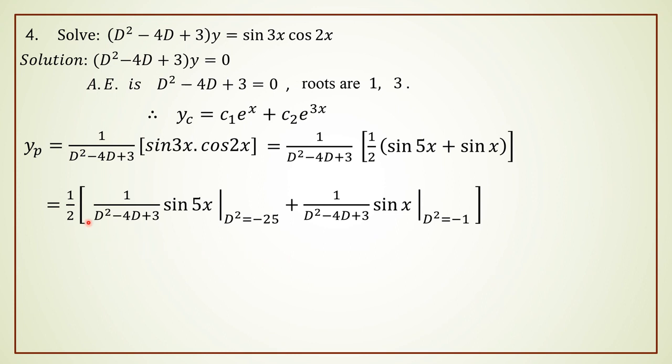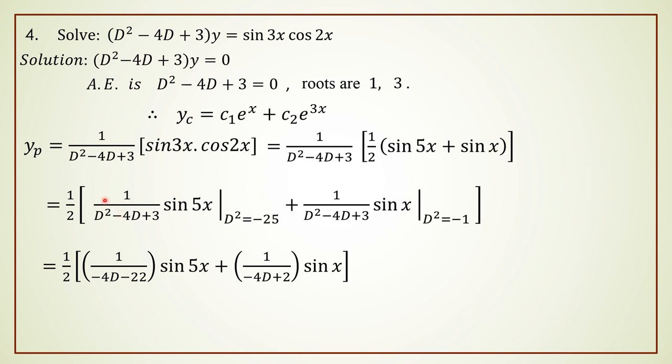I have to replace D² by −a². What is a in this term? a is 5, so I replace D² by −25. In the second term the value of a is 1, so I replace D² by −1², that is nothing but −1.